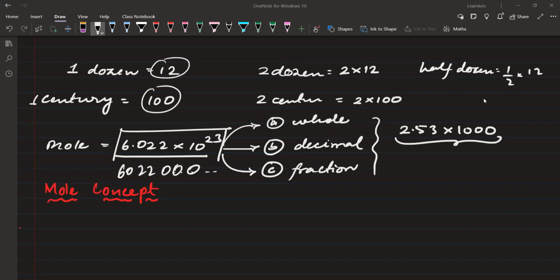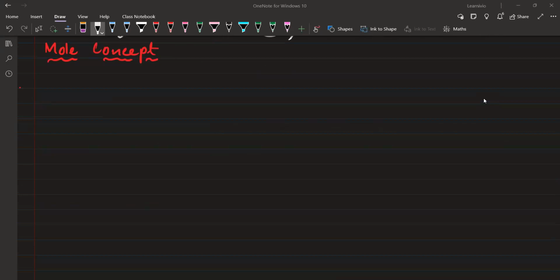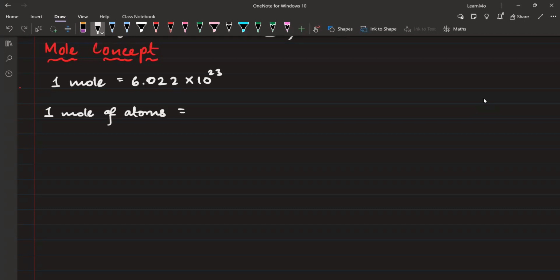Now, mole concept. So, what is mole concept? Mole concept has a very basic definition that 1 mole is equal to 6.022 into 10 to the power 23 of something. For example, 1 mole of atoms is equal to 6.022 into 10 to the power 23 atoms.